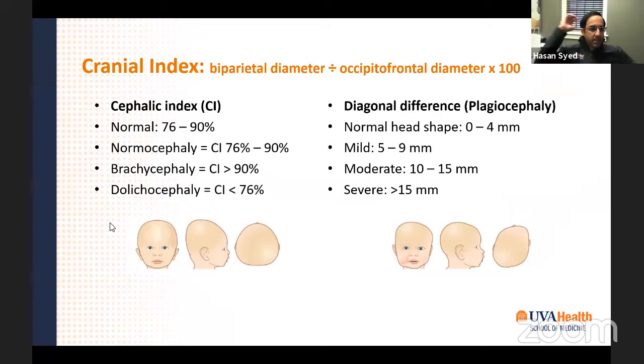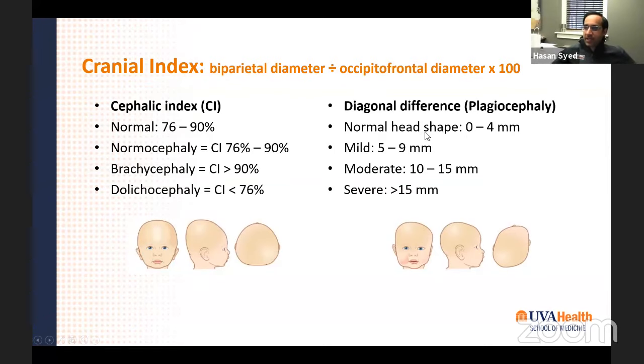So the cephalic index is equivalent to the biparietal diameter divided by the occipital frontal diameter. Typically the normal is 76 to 90%. Brachycephaly, which is a flat head, is usually greater than 90%. And dolichocephaly, which is also a term for a long-shaped head, is less than 76%.